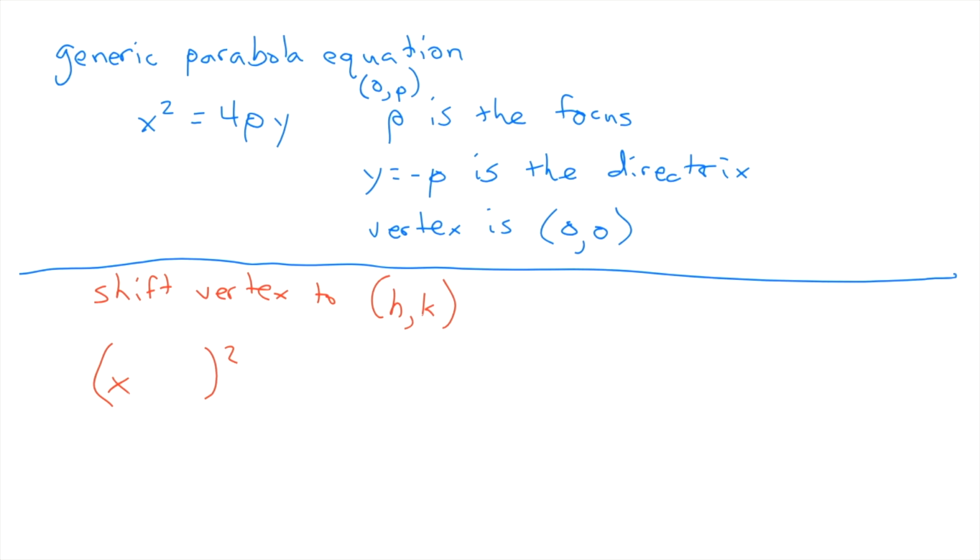Look up at the top in the blue and see X squared, and then look at the bottom and you say, yep, it's X squared. And then look up at the top, 4, and there's a P, and then here comes a Y.